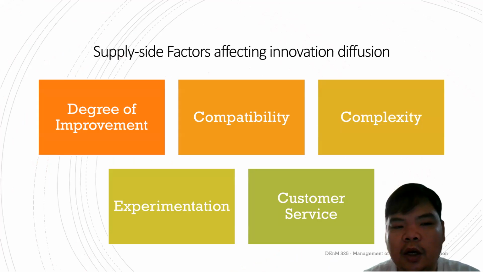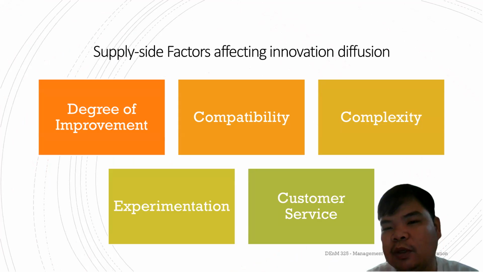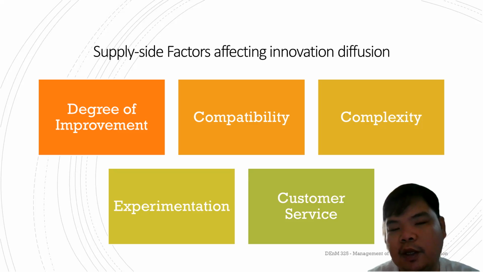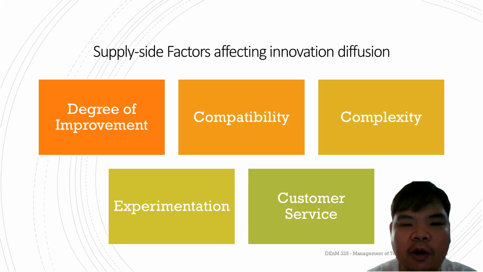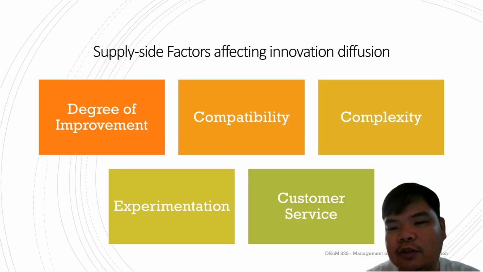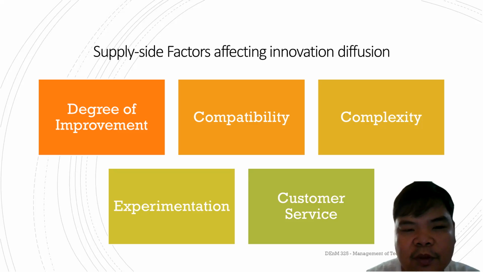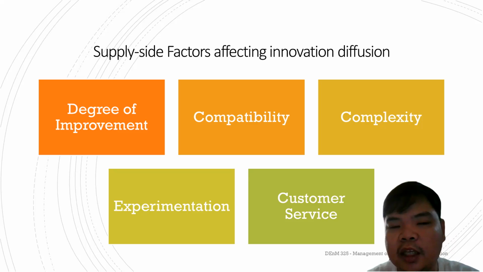Okay. So now, what are the different supply side factors that actually affect innovation diffusion? We have degree of improvement, compatibility, complexity, experimentation, and customer service. So what are the potential effects of technology? For example, for the degree of improvement, you can ask, does the technological change provide enough incentive for customers to change?